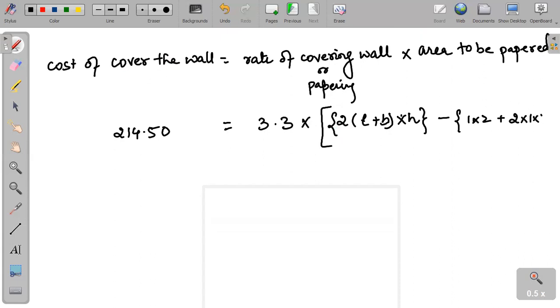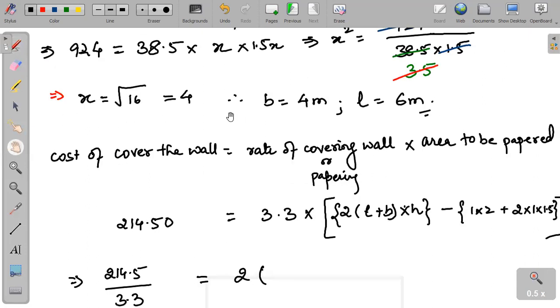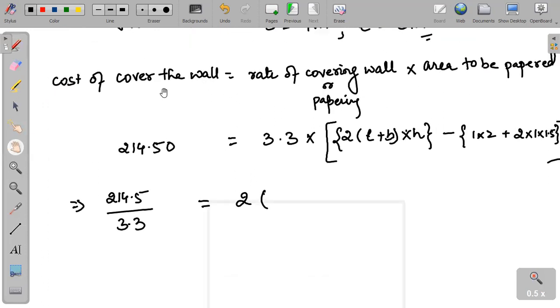2 into 1 into 1.5 is equal to, so now we need to solve this. This is going to be 214.5 divided by 3.3. Here we are going to put the rest of the values. This is going to give me 2 into L plus B. L is 6 and B is 4, which we have got from previous part.